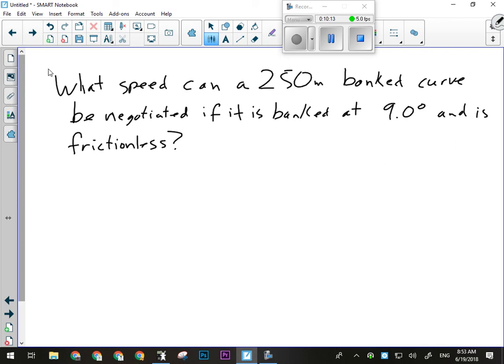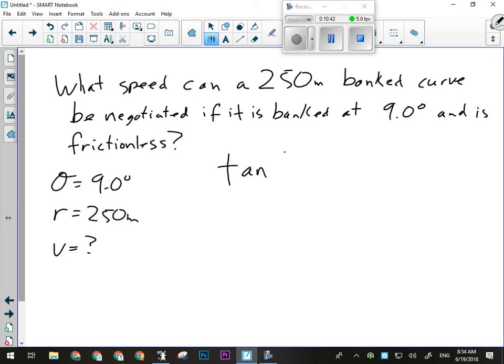All right, so I have that this is a 250 meter bank curve. If I write it like that, I mean that that is the curve's radius. Okay, not the circumference, it's radius. Okay, and we know that it's banked at 9 degrees. So we know what theta is, and we know what the radius is, 250 meters. Okay, so we are looking for what speed it can be negotiated at.